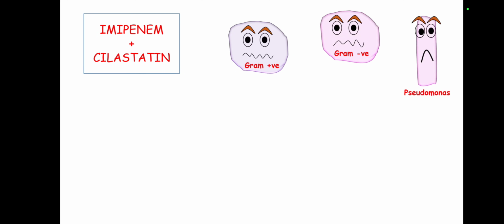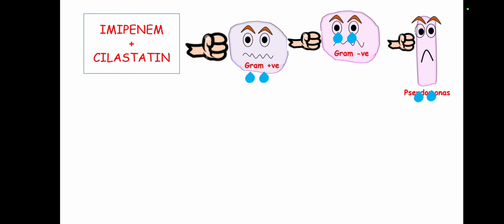When we gave imipenem with cilastatin, it was able to inhibit all the organisms, gram positive, gram negative, as well as pseudomonas. Therefore, imipenem is now always given in combination with cilastatin.